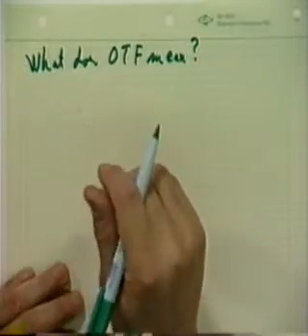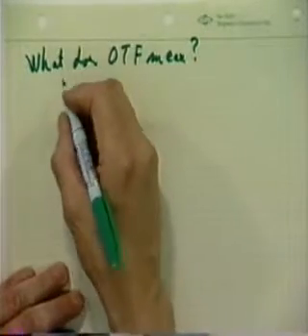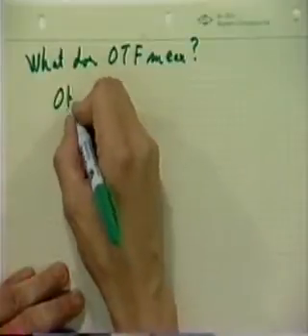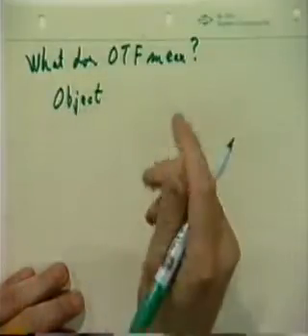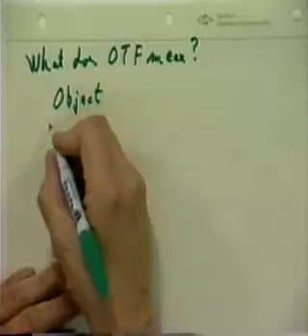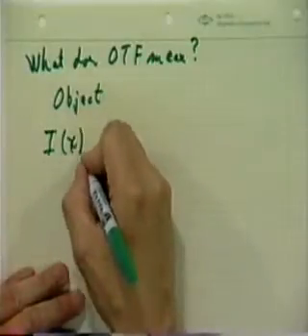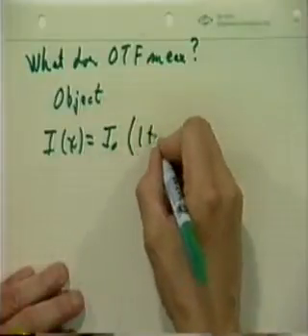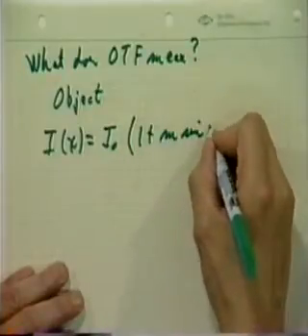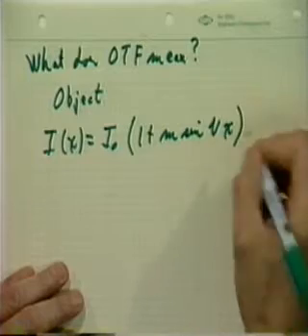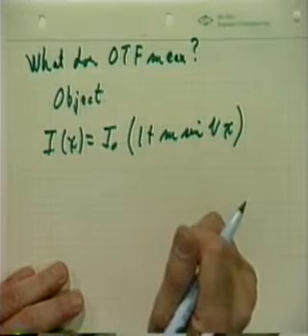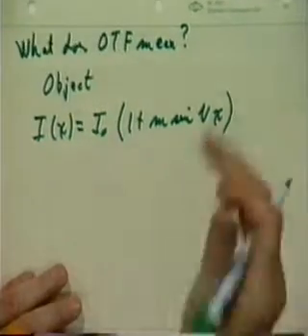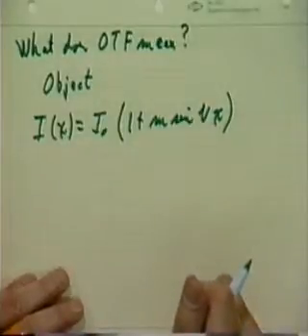Let's say we have an object which has luminance, I'll take a one-dimensional object, I naught times 1 plus m sine mu x. So it's again a sinusoidal target here.